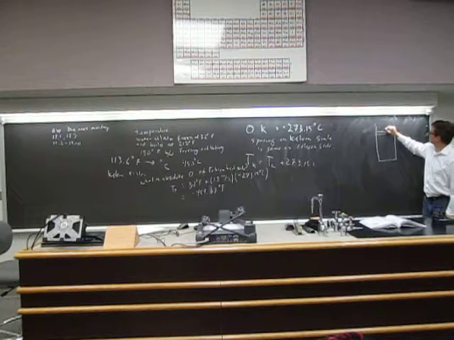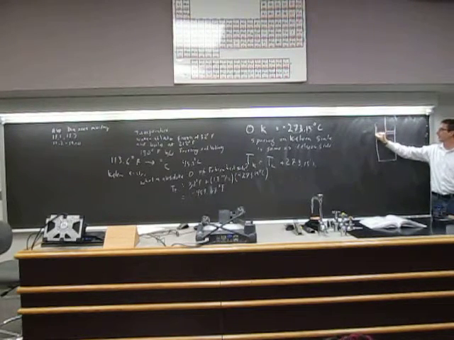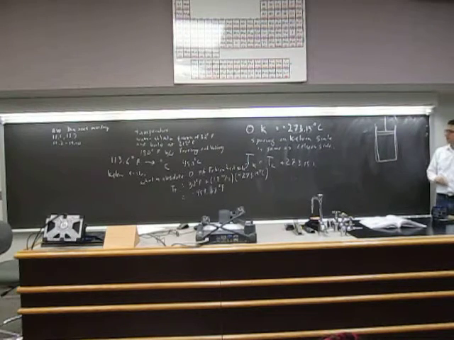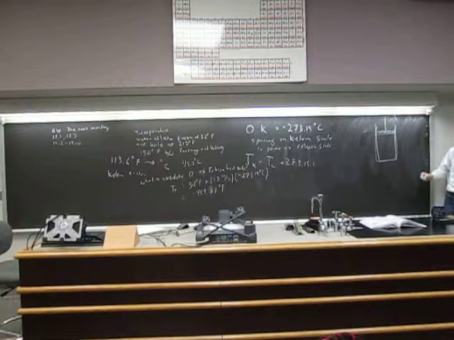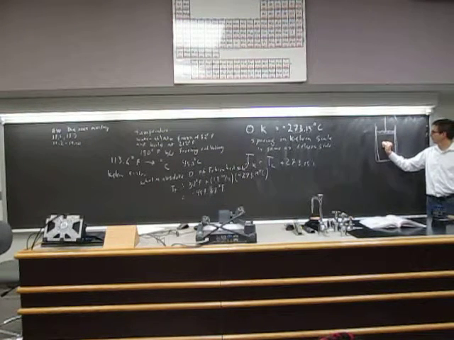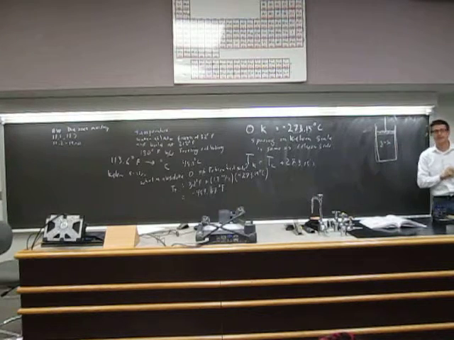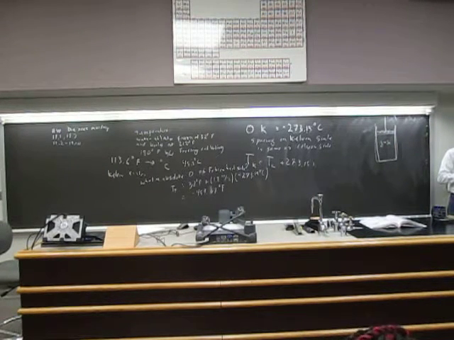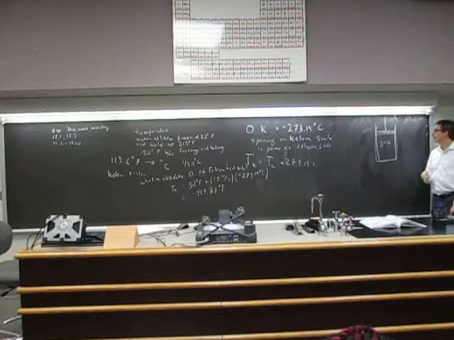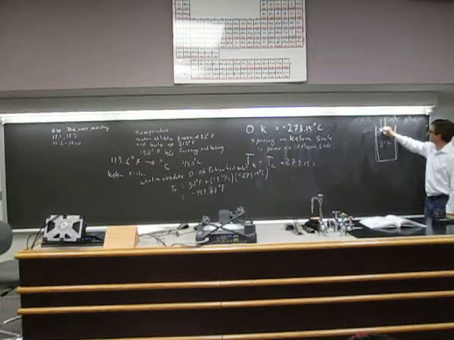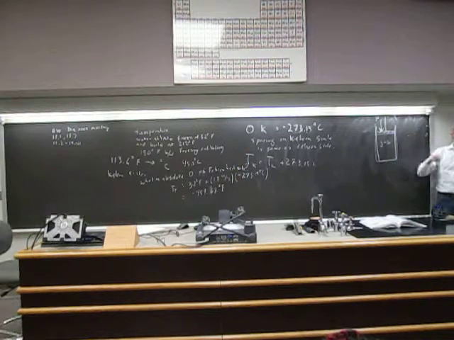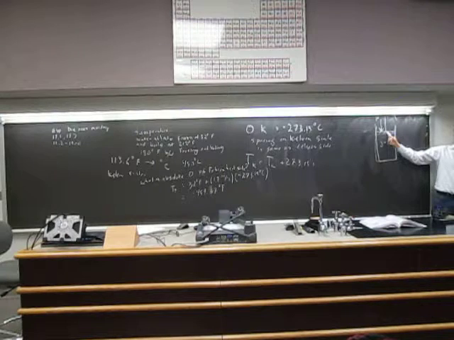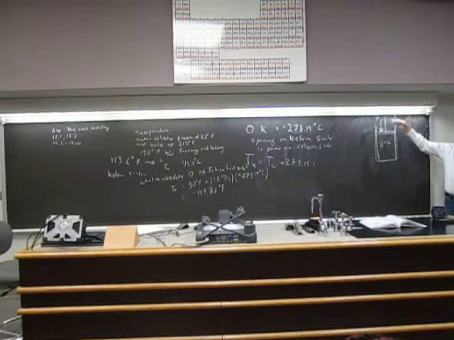So let's consider a simple situation where we have a cylinder and a piston, and this cylinder is filled with gas of some sort that can be compressed. Let's say there's a pressure outside, maybe the atmosphere, on the outside of this piston. And this piston is free to move up and down.